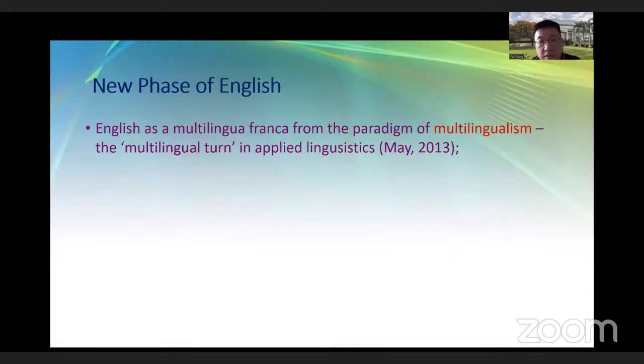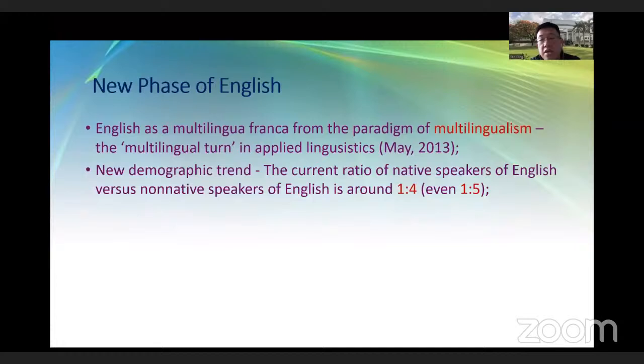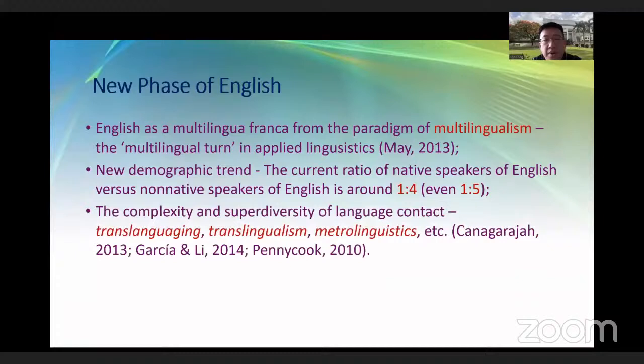So we need to recognize the multilingual turn in applied linguistics and also the new demographic trend, the ratio of native speakers versus non-native speakers, and the complexity and super-diversity of language contact. We've got lots of proposals such as translanguaging, translingualism, metrolingualism, etc.